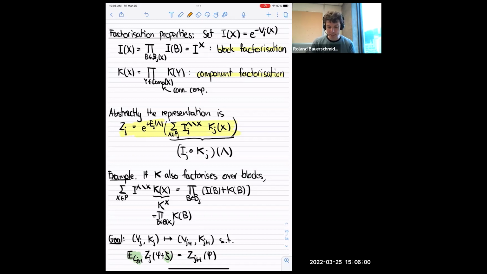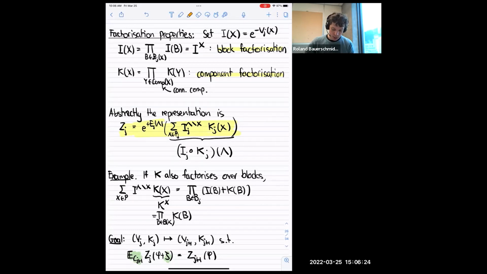That's the way to think of it. So it enjoys this block factorization property. If you evaluate I at a set X, it's the product of the I's corresponding to the blocks in X. K, on the other hand, only has a weaker factorization property, which is that it factorizes over components.